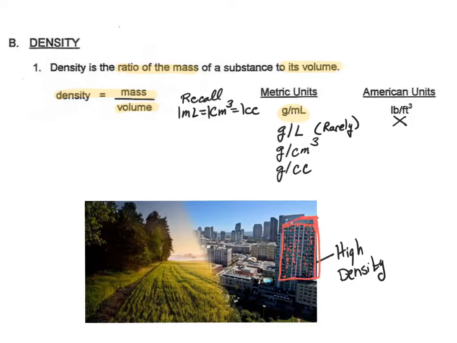So we're looking at how many people we can pack into the volume of those areas, and there's a lot of people, so it has a high density. That would be like a high mass to volume ratio. On the other hand, if you live out in the farm, there's one person per acre, maybe, and if you're out in that area, we're going to have a very low density where there's very few people given the same volume.